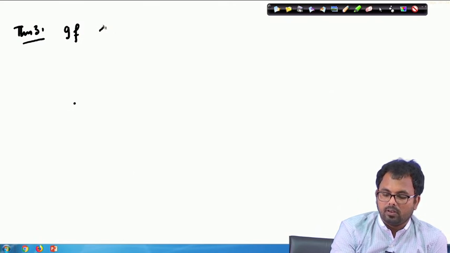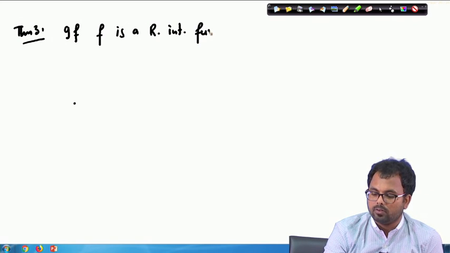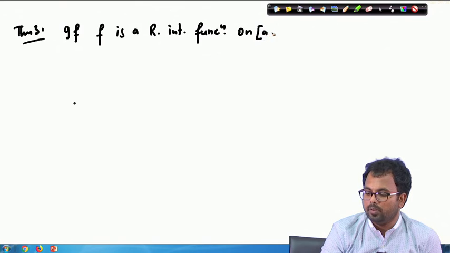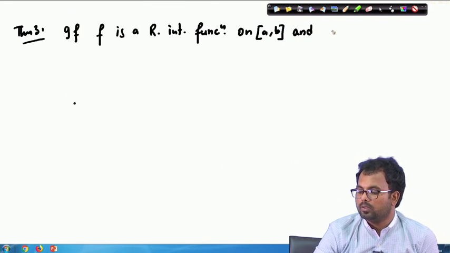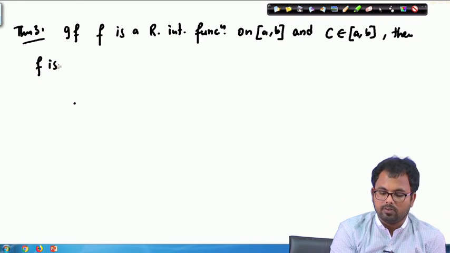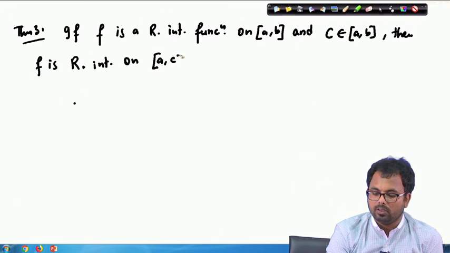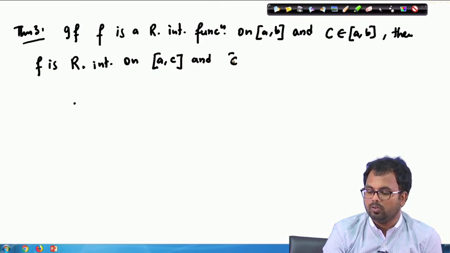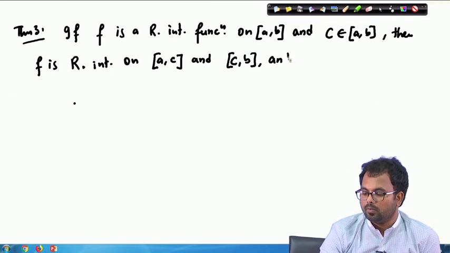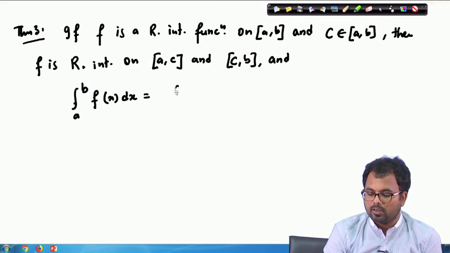If f is a Riemann integrable function on [a, b], and c is any arbitrary point in the interval a, b, then f is Riemann integrable on [a, c] and [c, b], and we can write the integral from a to b of f(x) dx as the sum of these two integrals.